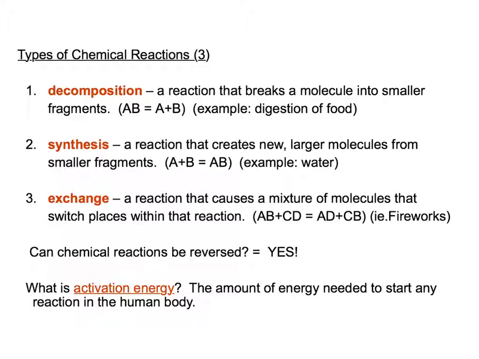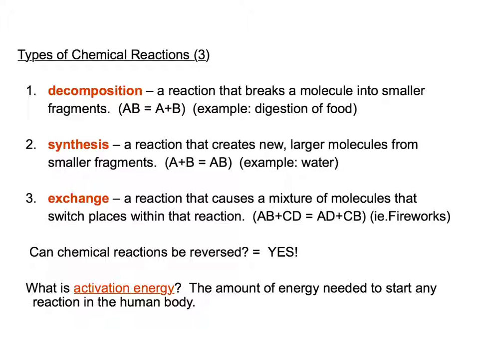There are types of reactions that we would look into. The three specific types of chemical reactions are, first, a decomposition reaction, where a molecule breaks into smaller fragments. So AB equals A plus B. An example is the digestion of food.